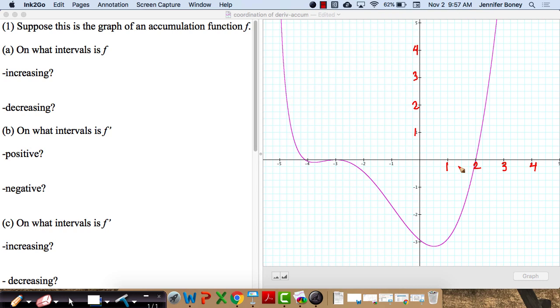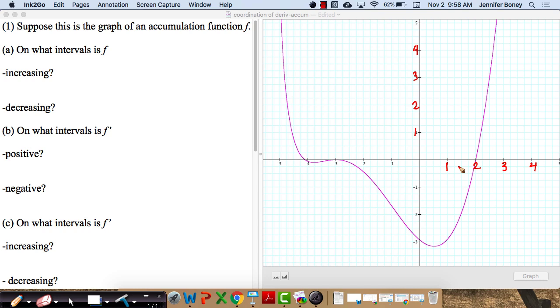The second question is on what intervals f prime is positive versus negative, or has positive or negative values, and on what intervals is f prime increasing or decreasing. So two of those questions, A through C, are the same as one another. The third is different, so I'll let you think about which is what.